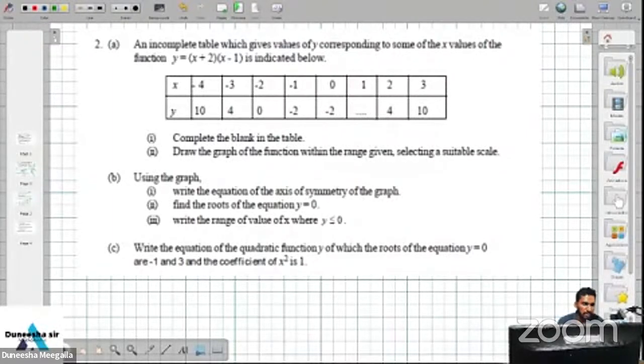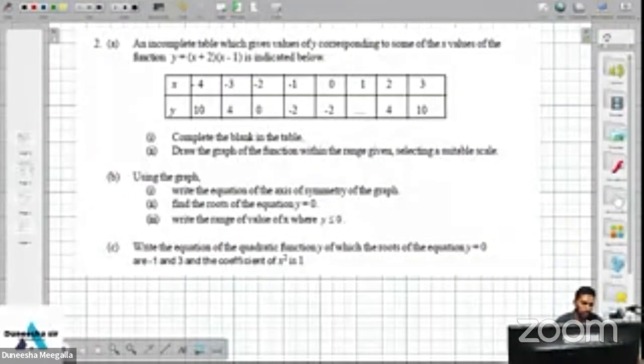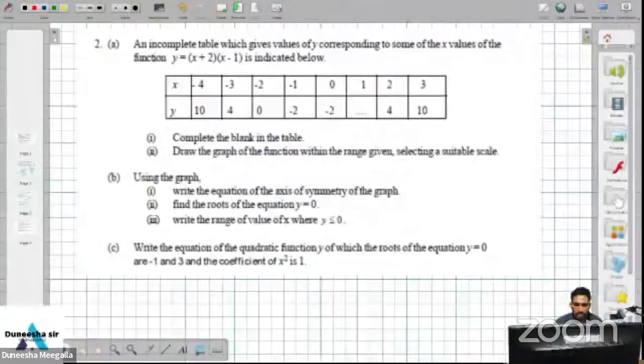What is the second question? Find the roots of the equation y equals 0. When y equals 0, what are the roots? The second question, part B. Find the roots of the equation. අපි root දෙක කොහෙන්ද බලන්න?